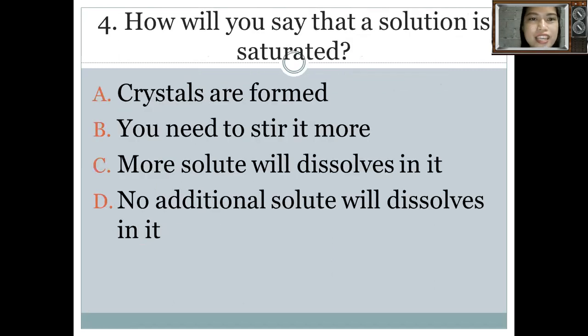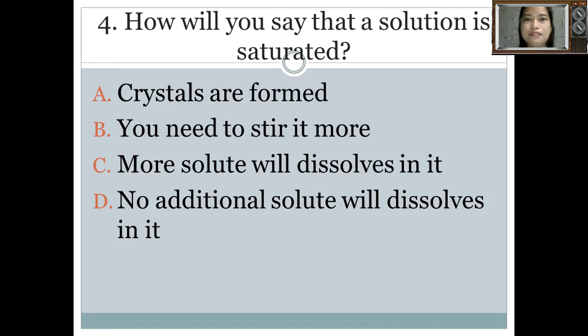Next item. How will you say that a solution is saturated? Choices are A, crystals are formed, B, you need to stir it more, C, more solute will dissolve in it, D, no additional solute will dissolve in it.